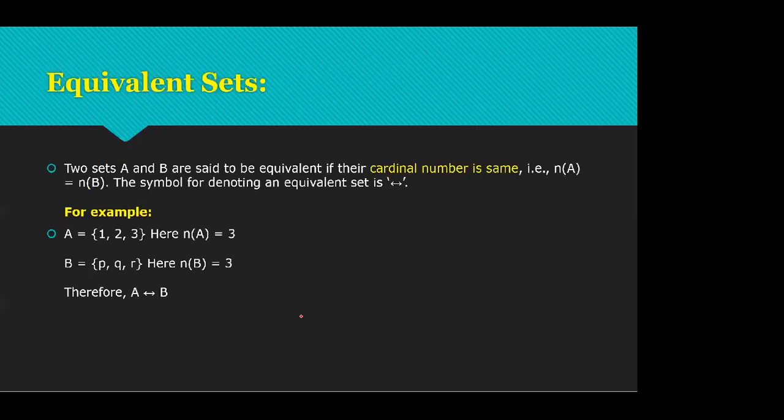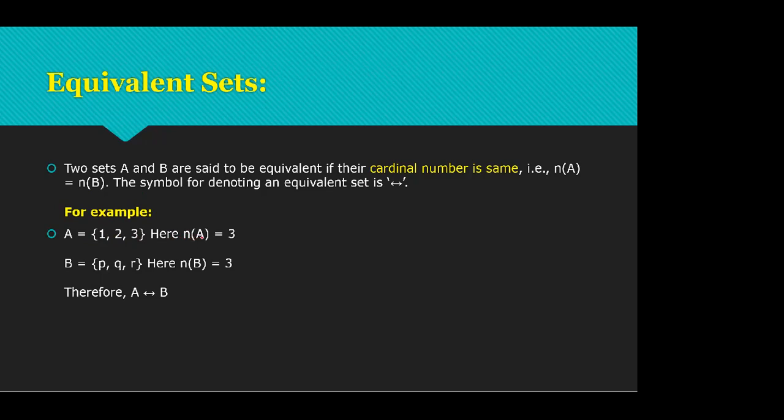So next would be the equivalent set. Two sets, A and B, are said to be equivalent if their cardinal numbers are the same. The symbol for denoting an equivalent set is this symbol. So for example, set A is equal to the set with elements 1, 2, and 3.